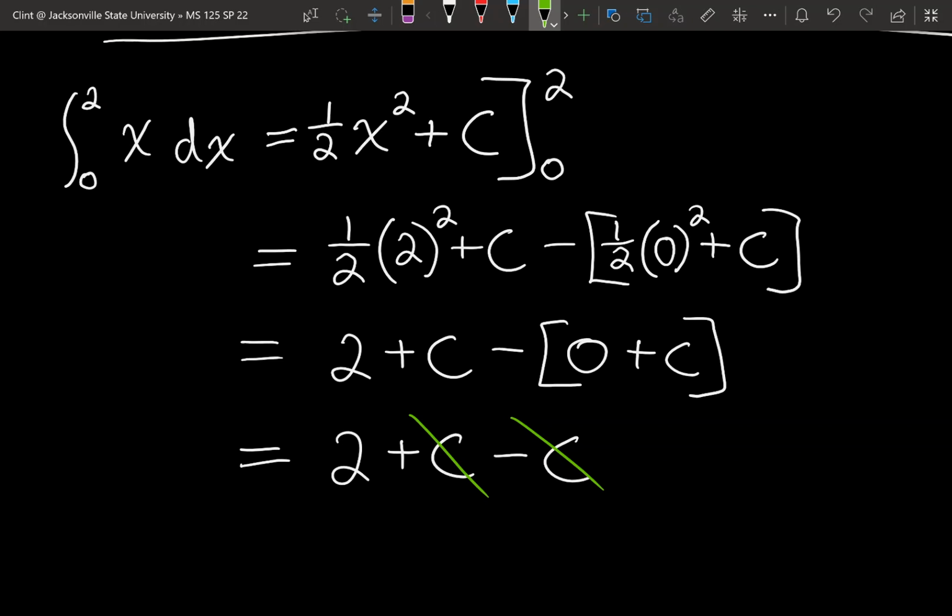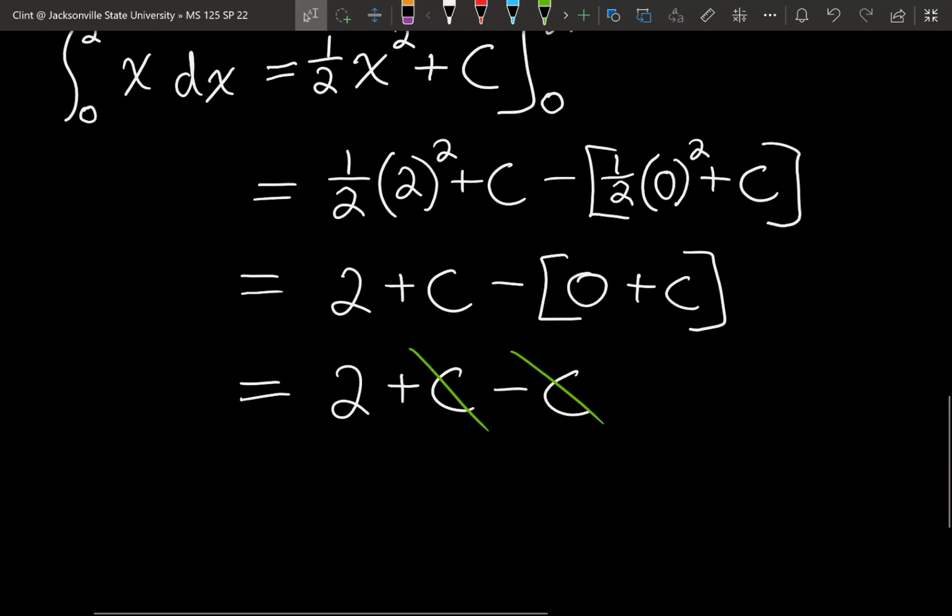You don't have to write down the plus c when you're doing definite integration. If you got numbers on there and you get a number answer, you don't have to have plus c. It just saves you from having to write that much down.